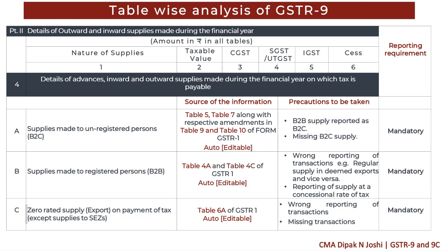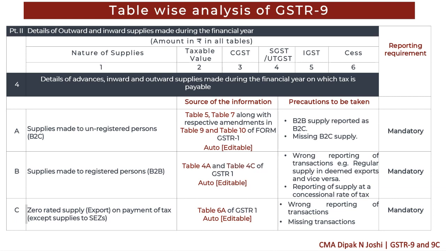Wrong reporting of transaction. Sometimes, particularly in case of deemed export, we miss that tick of deemed export. We report those transactions into the regular supply as a B2B. So in that case, you should not directly change those transactions from B2B to deemed export.